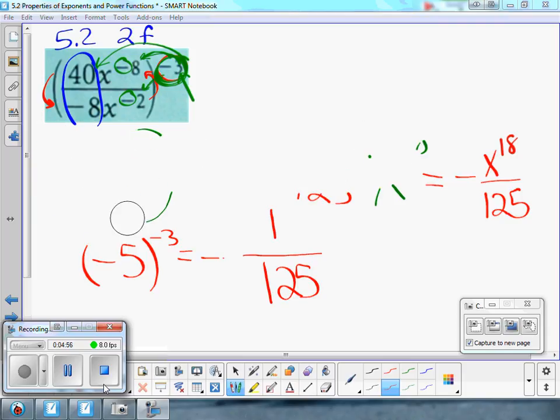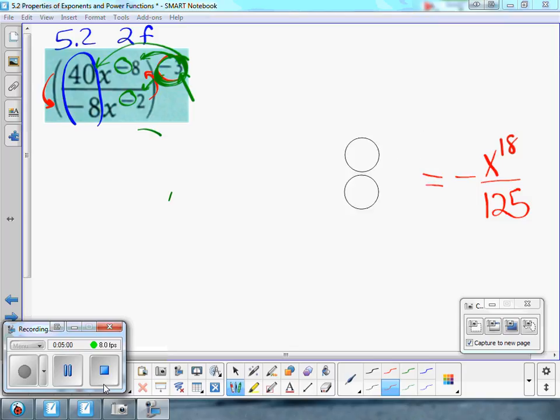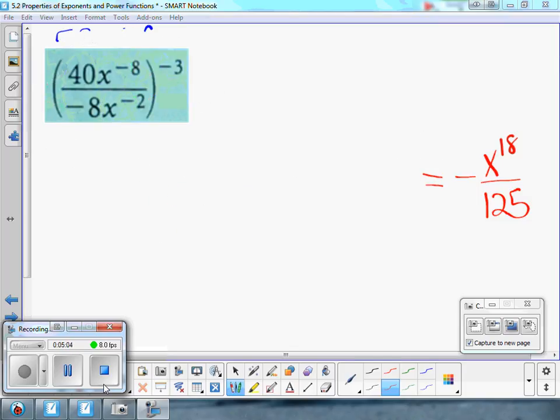Whoa. Are there other ways? Yes. On the inside, what's 40 divided by negative 8? Negative 5. Then do x to the negative 8 minus negative 2. You subtract exponents there.